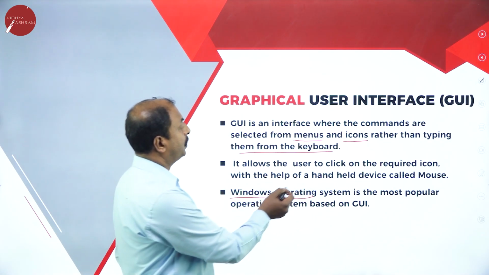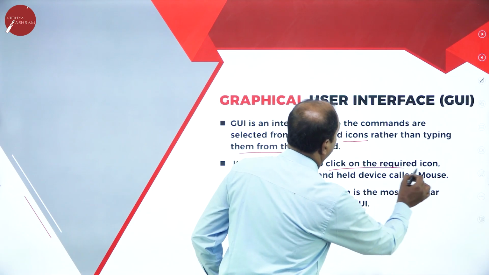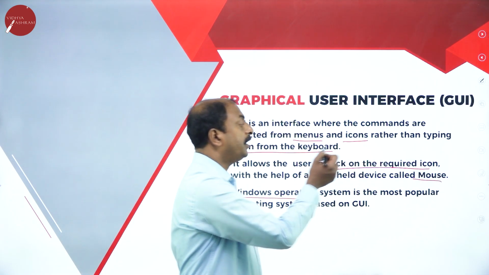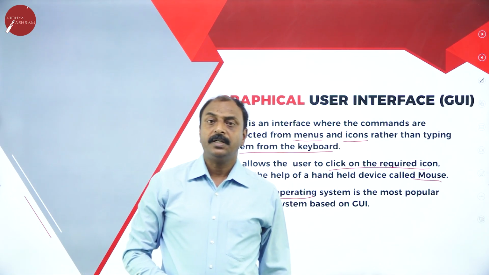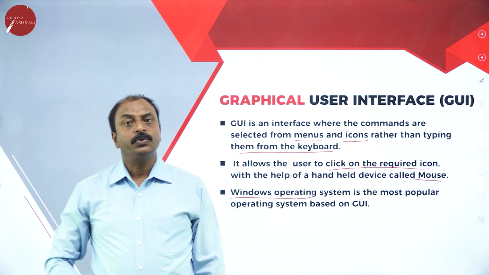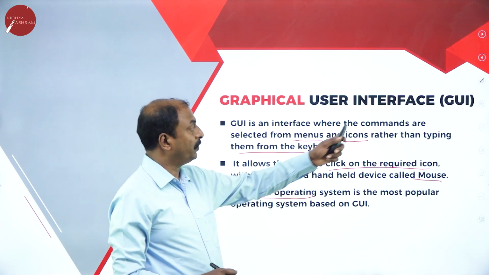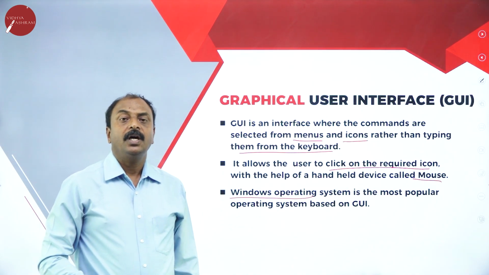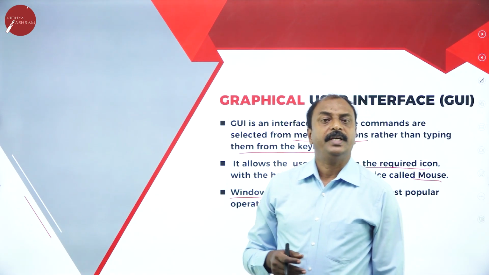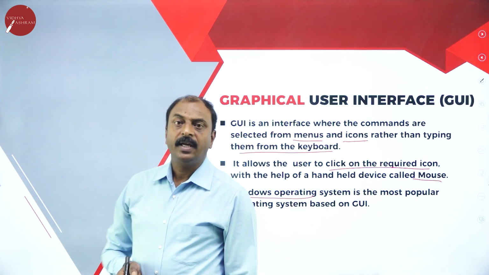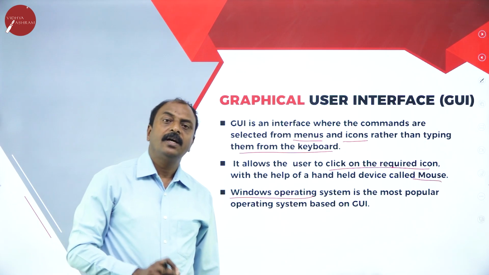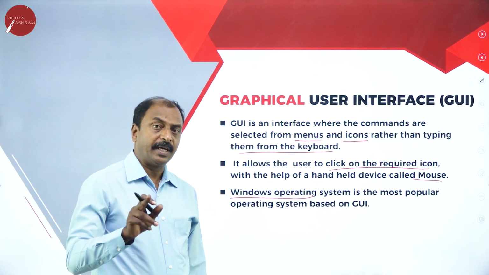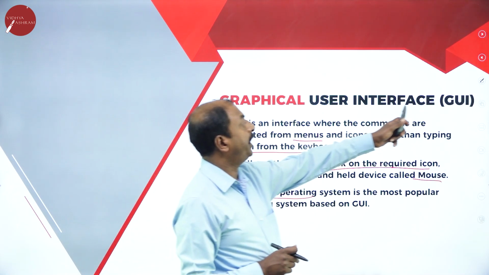It allows the user to click on the required icon with the help of a mouse or handheld devices. The mouse is a device supported by GUI to work with a GUI operating system. First we select the icons, and there we single click or double click to execute or open a particular application. That is how the GUI works.